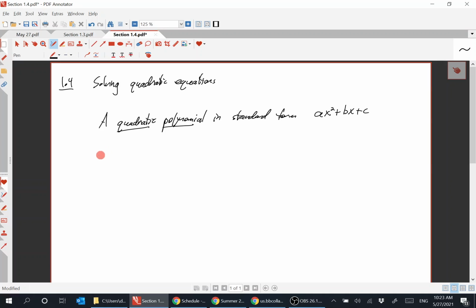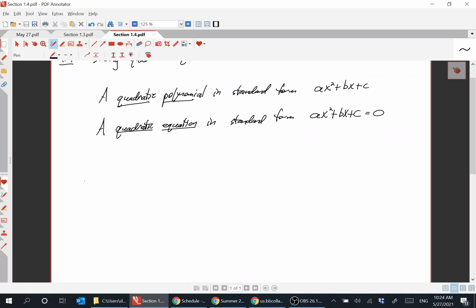A quadratic equation in standard form is ax squared plus bx plus c equals 0. That's an equation. An equation has a left-hand expression, a right-hand expression, and the two are equal to each other. It's an important distinction.